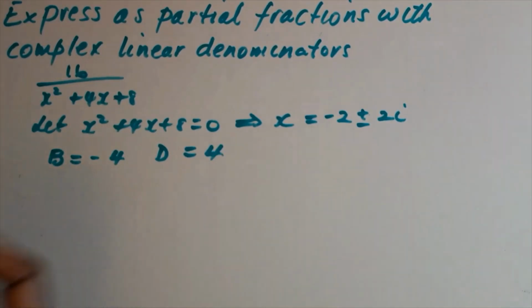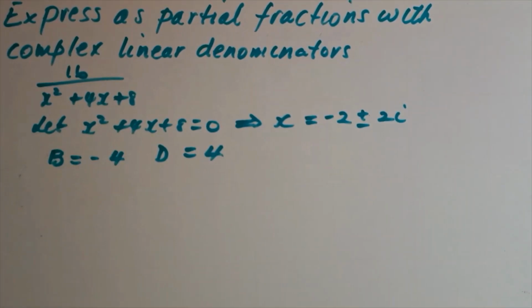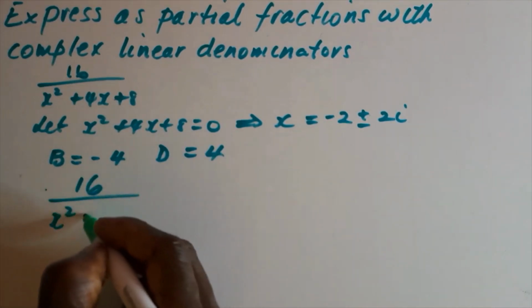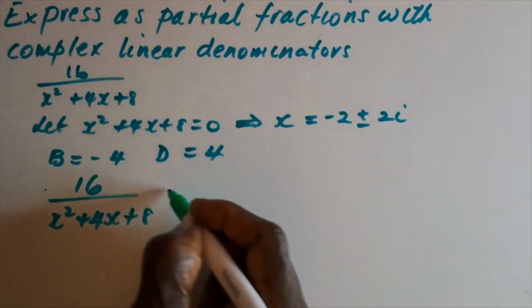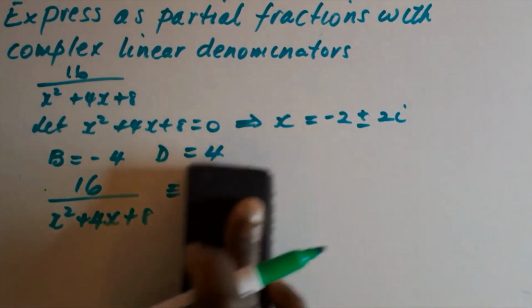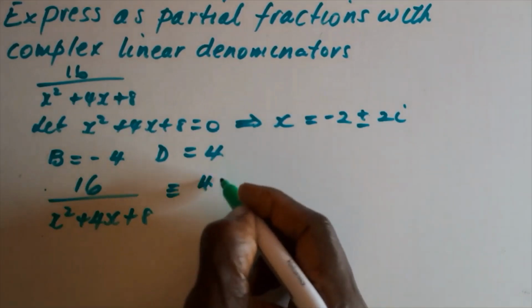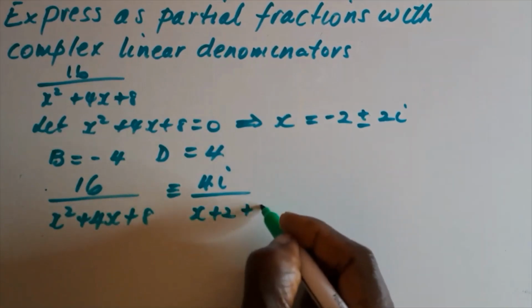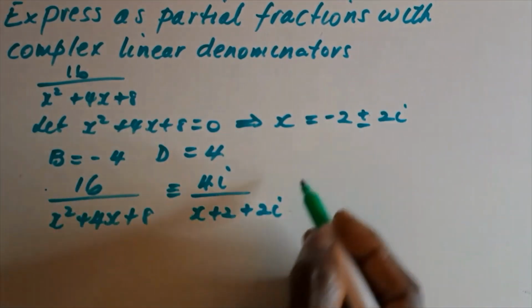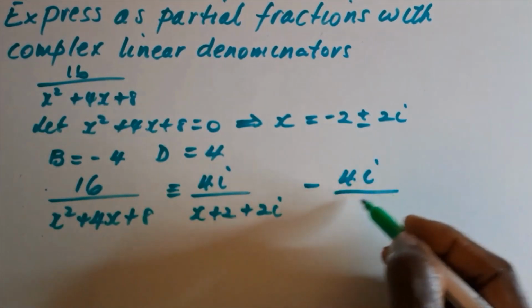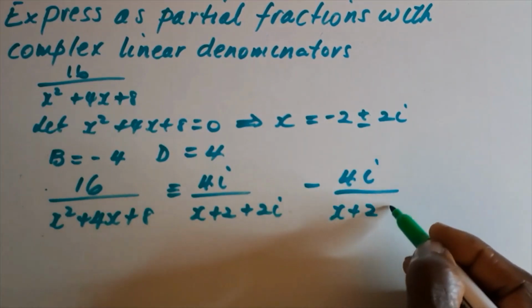Now with the constants b equal to minus 4 and d equal to 4, and a and c equal to 0, we can write that 16 over x squared add 4x add 8 is equivalent to, oh, my mistake again, we have 4i over x add 2 add 2i minus 4i over x add 2 minus 2i.